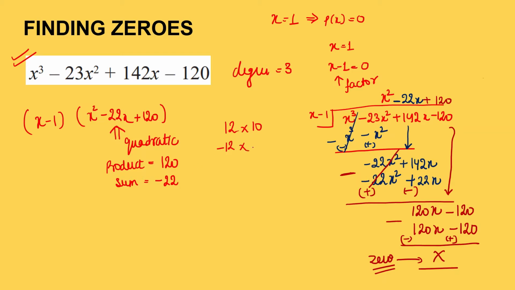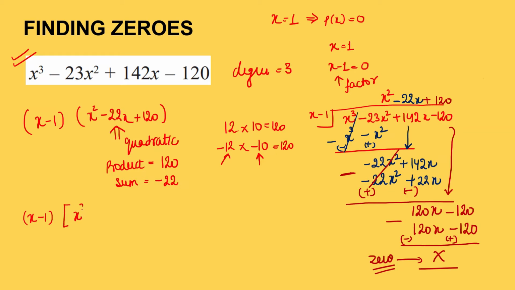Negative 12 into negative 10 can also give you 120 as result. But if you look at negative 12 and negative 10, this will give you sum as negative 22, which means negative 12 and negative 10 are correct factors.